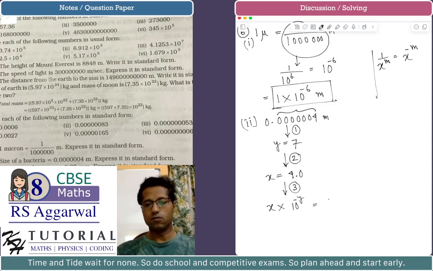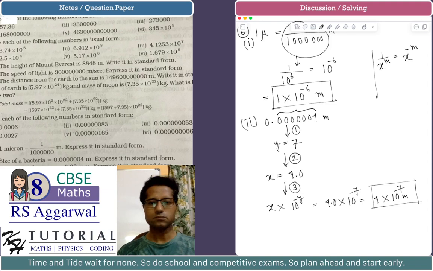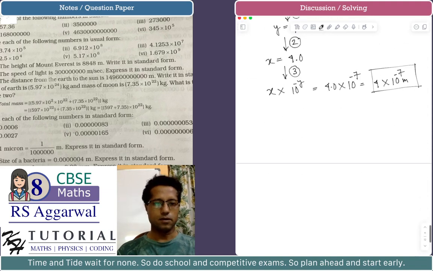This is 4.0 multiplied by 10 to the power minus 7. You can write 4.0 as 4 multiplied by 10 to the power minus 7, this much meter. So this is the size of the bacteria in standard form. Okay. There is part 3.